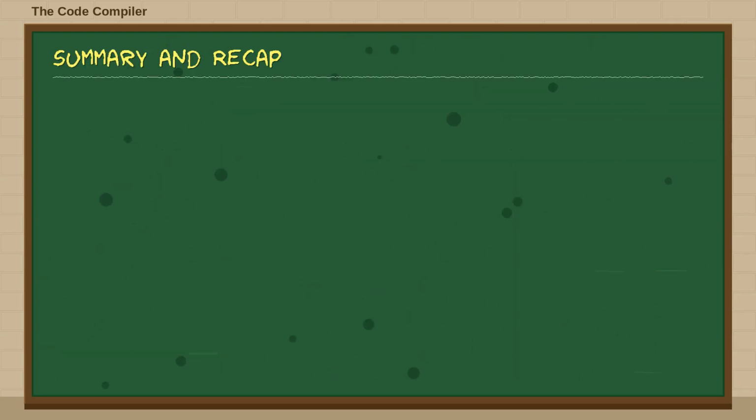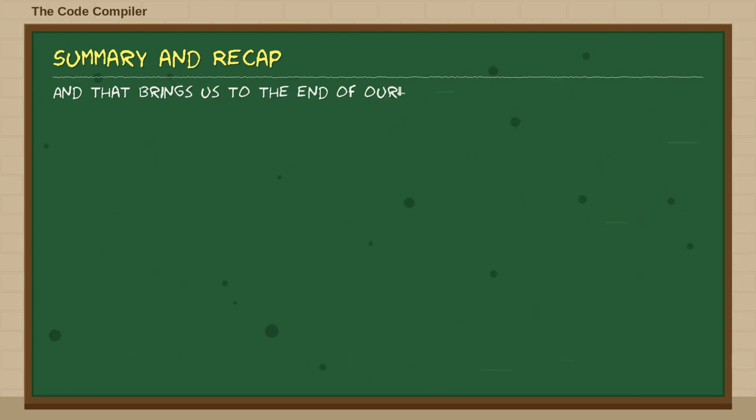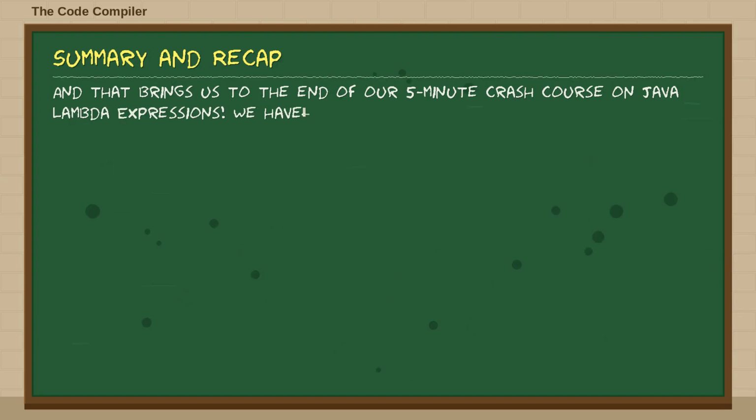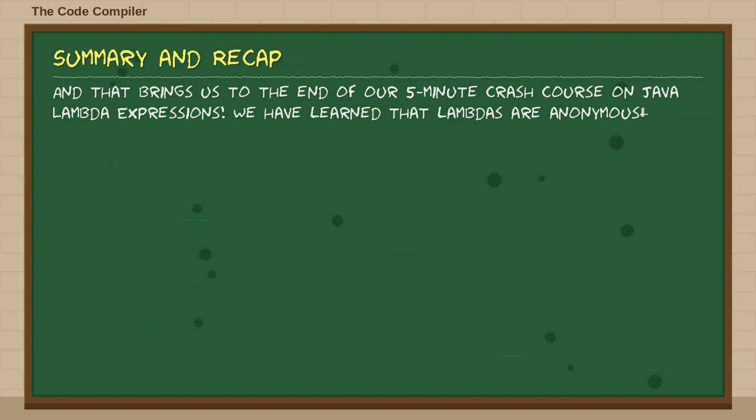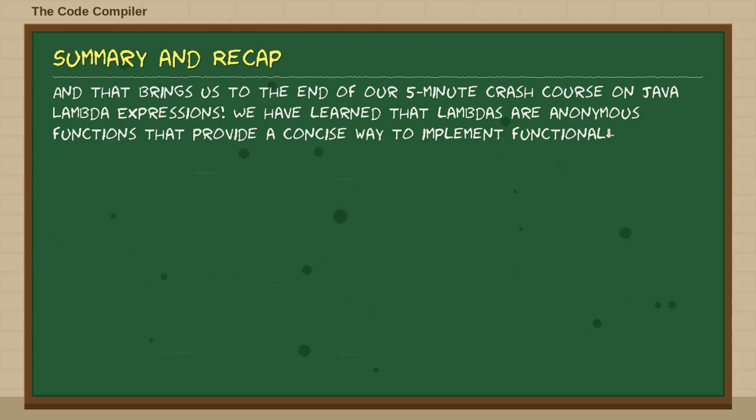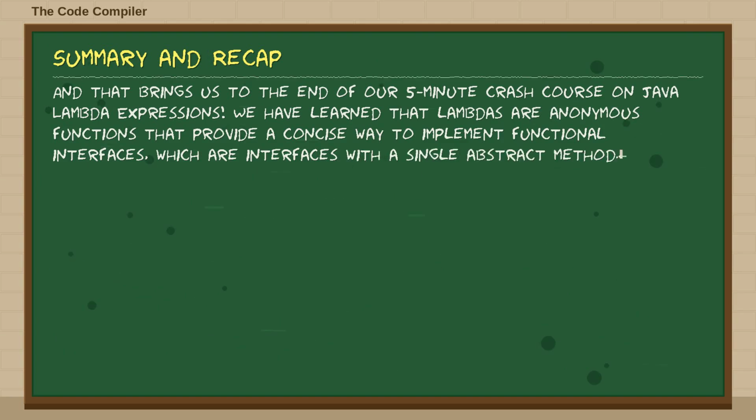And that brings us to the end of our 5-minute crash course on Java Lambda Expressions. We have learned that lambdas are anonymous functions that provide a concise way to implement functional interfaces, which are interfaces with a single abstract method.